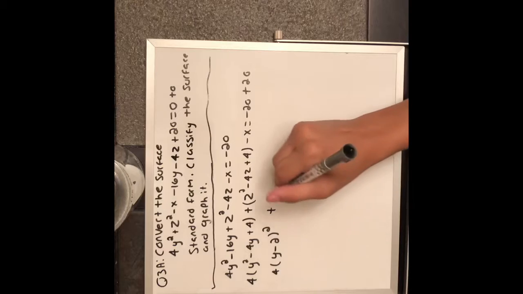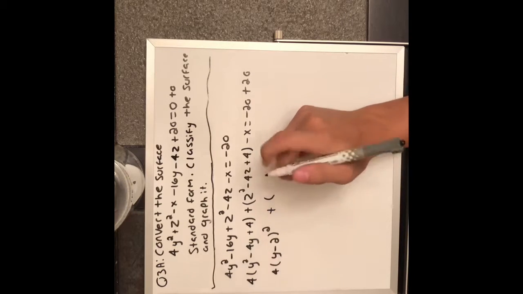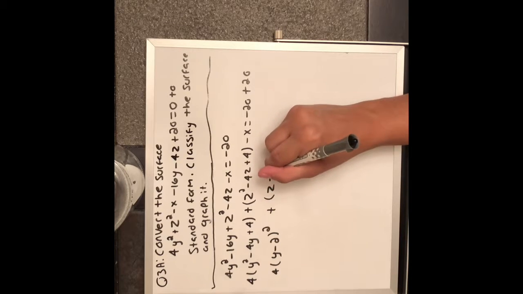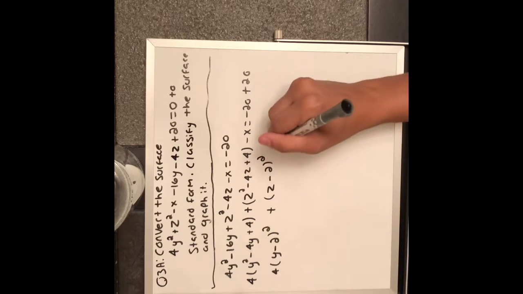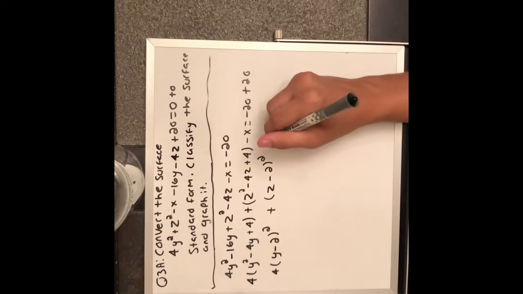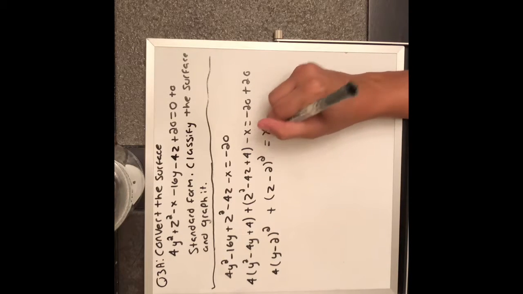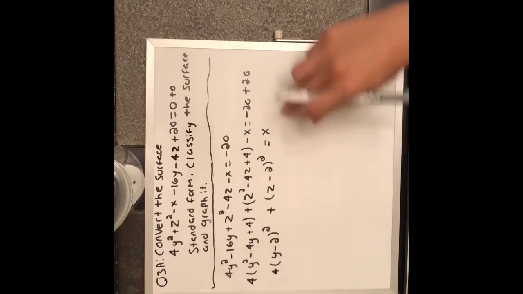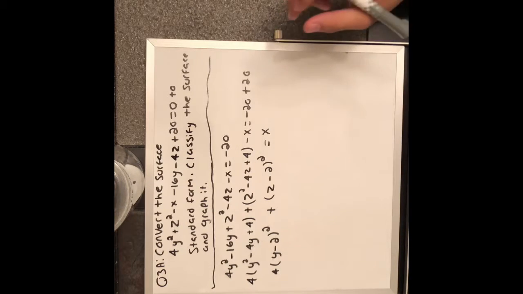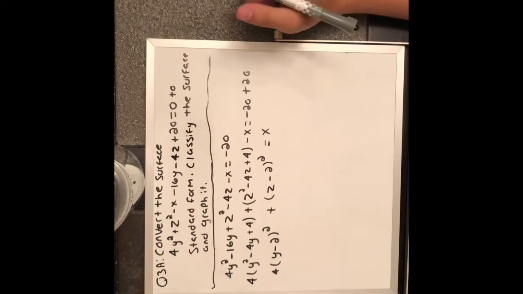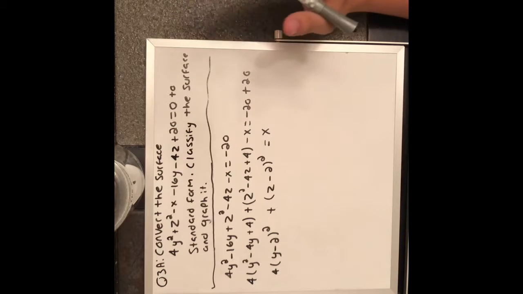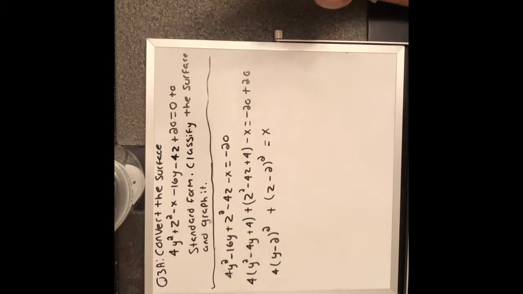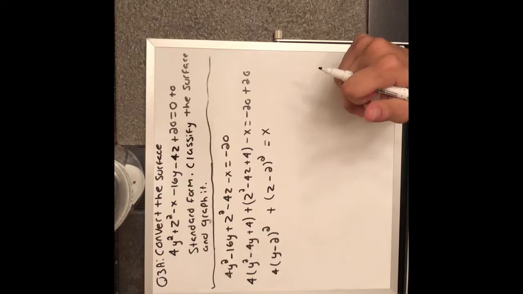Same thing for z, they have the same values, so we have z minus 2 squared is equal to x. And this would be this equation in standard form. So we need to classify this surface, and we know it to be an elliptic paraboloid.